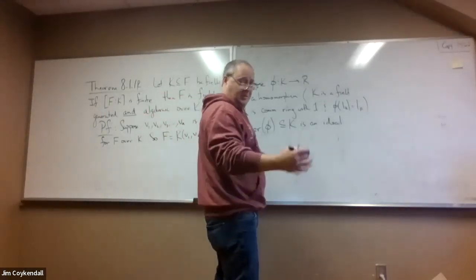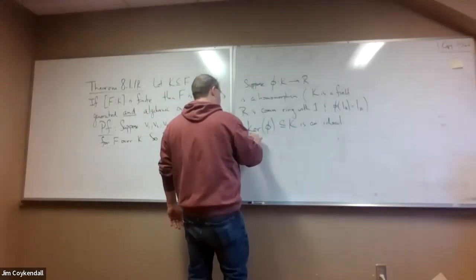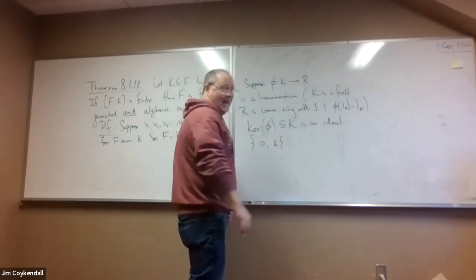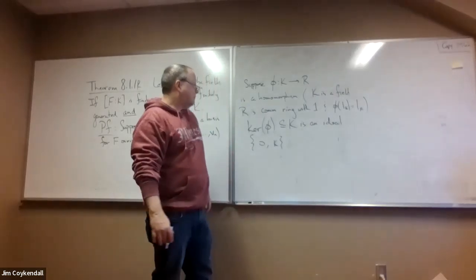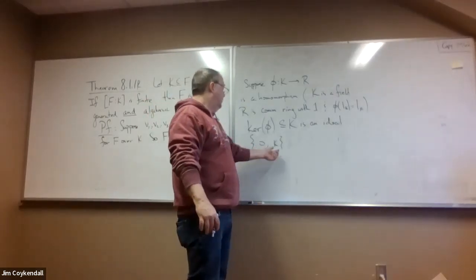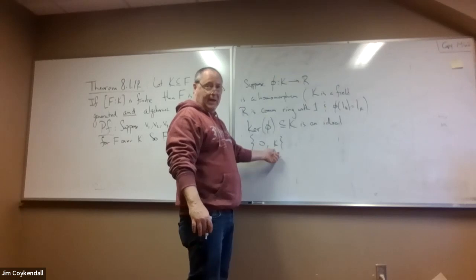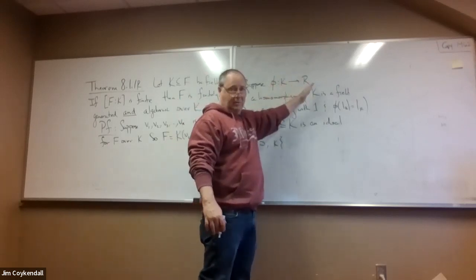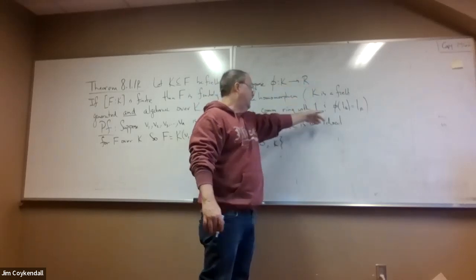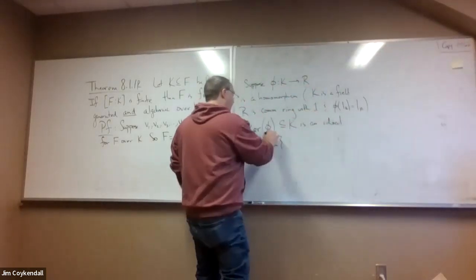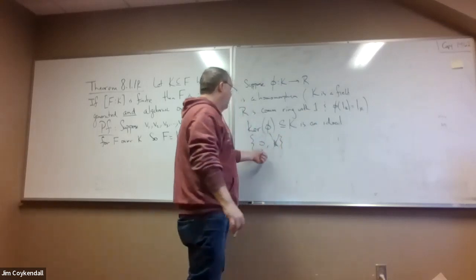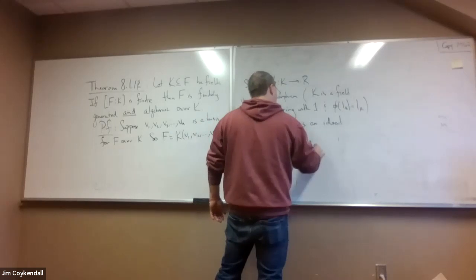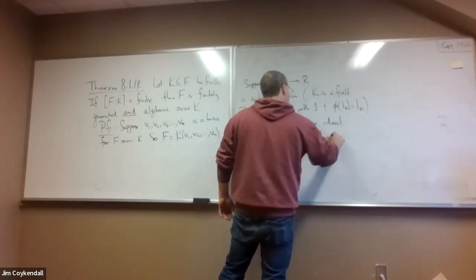So your choices are really the 0 ideal or all of K. Well, it can't be all of K, because if it was all of K, that means phi takes everything to 0, including the identity, right? So we rule that out. And so the kernel is 0, hence phi is 1 to 1.